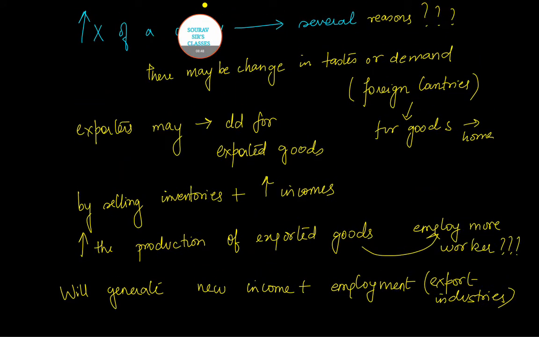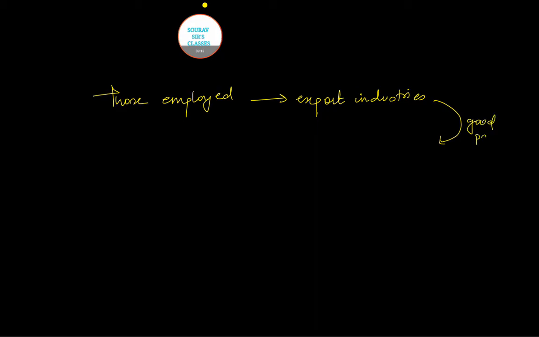But the working of the multiplier does not stop here. It goes a little step further. What is the step further? Let's see. Those employed in the export industry will spend a good part of their increased income on goods that are produced by other industries.